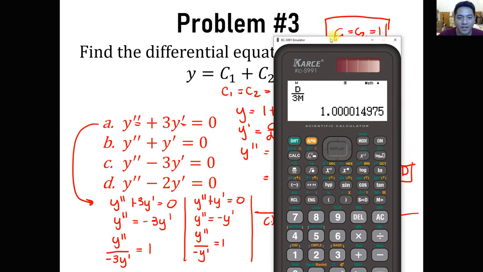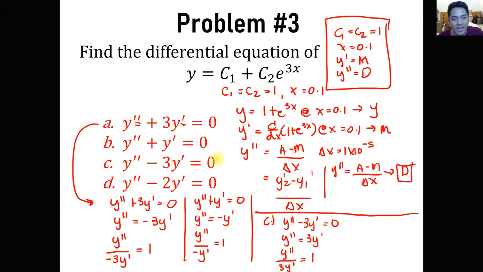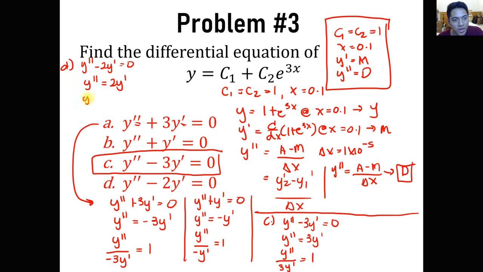If we just want to check what will be the value of D, just to make sure that it should not be equal to 1, we'll try it also. So we have y double prime equals 2y prime, so y double prime all over 2y prime equals 1.